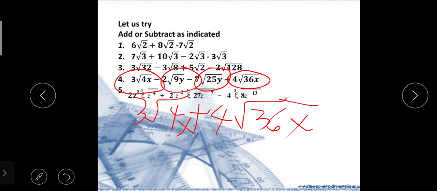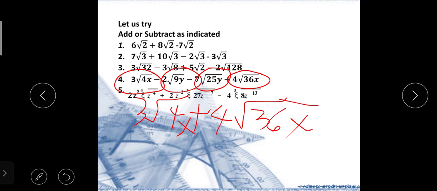So, ibig sabihin, kailangan nating mag-isip ng factor na magkakaroon silang dalawa. Dun sa previous example natin, ang ating lowest square root ay 2. Yun na kasi yung pinakang last.